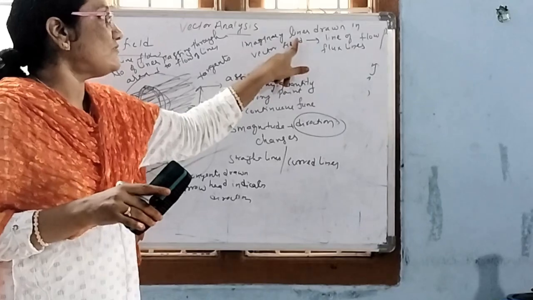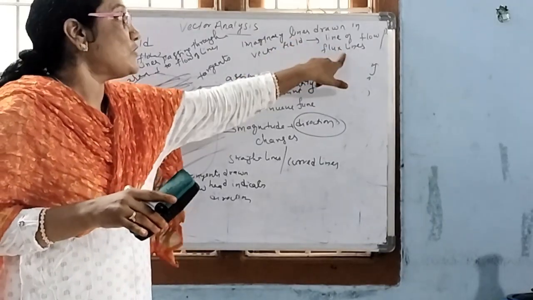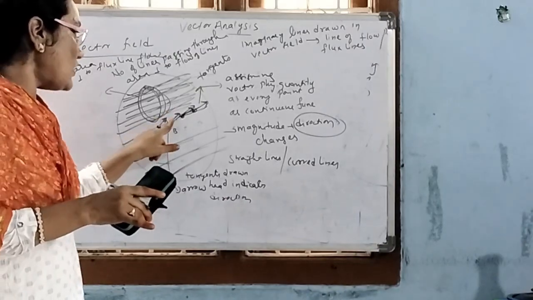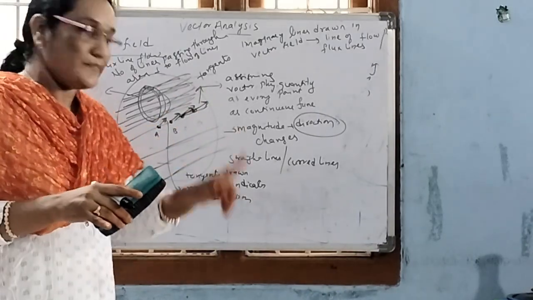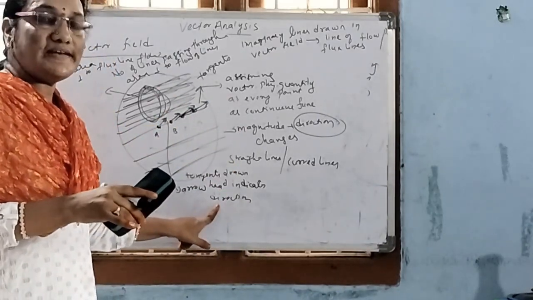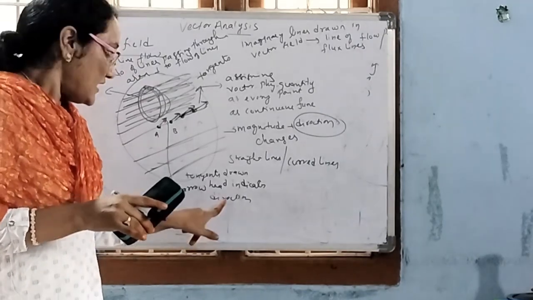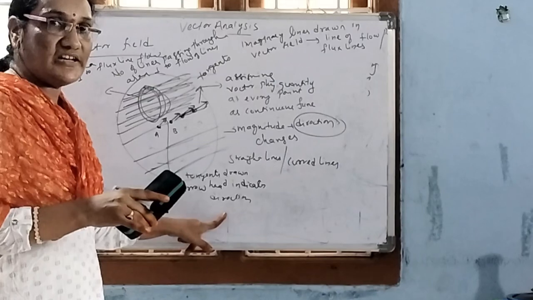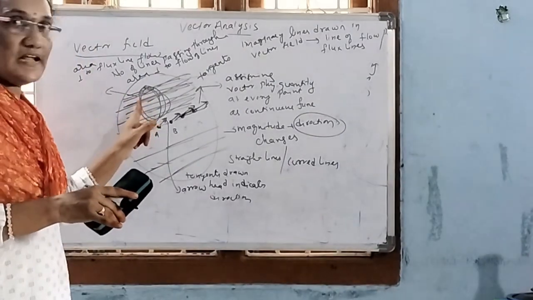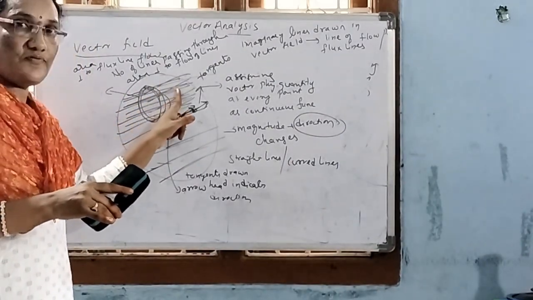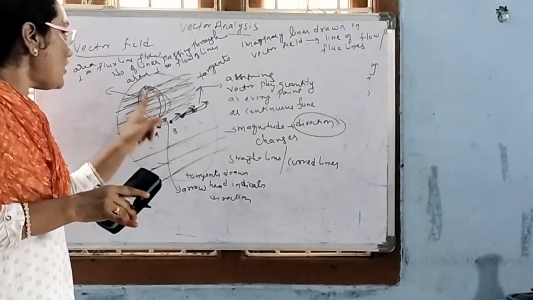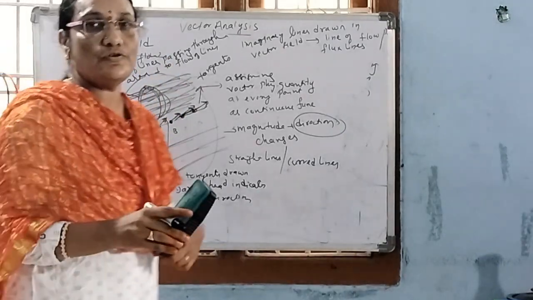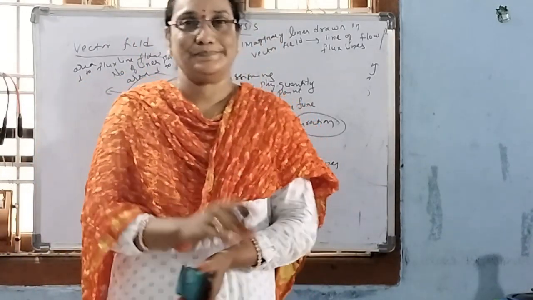Those imaginary curved lines drawn in the vector field, we call flux lines. For direction, we draw the tangents at each and every point of the flux lines, which indicate the direction of the vector quantity. And if we consider an area perpendicular to the flow of flux lines, the number of flux lines passing through that area gives the magnitude of that particular vector quantity.